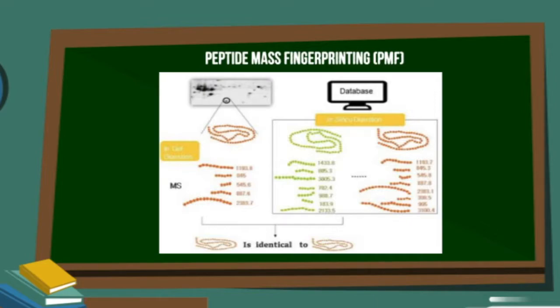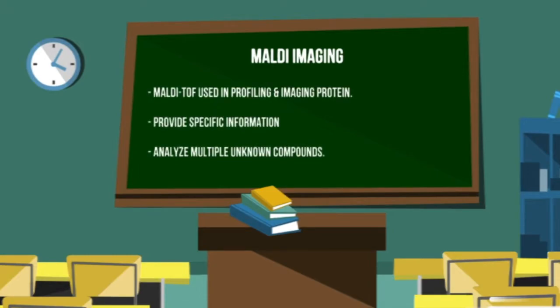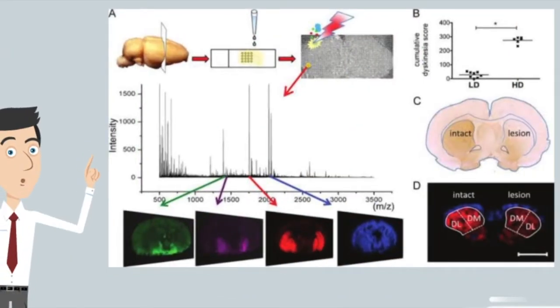The experimental masses are compared with a database containing theoretical peptide masses. MALDI imaging MS is used in profiling and imaging proteins, providing specific information, and it can also analyze multiple unknown compounds in thin tissue.